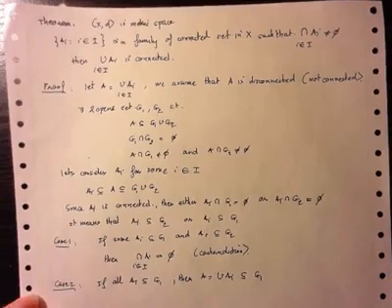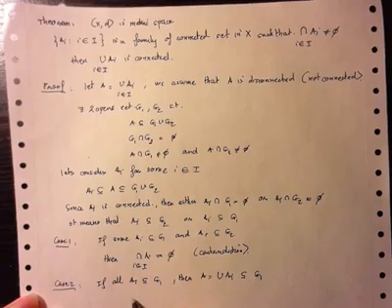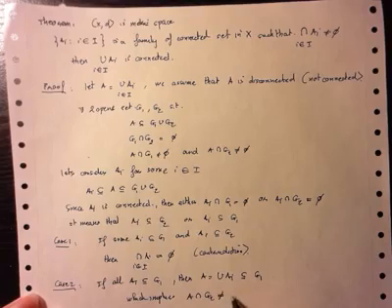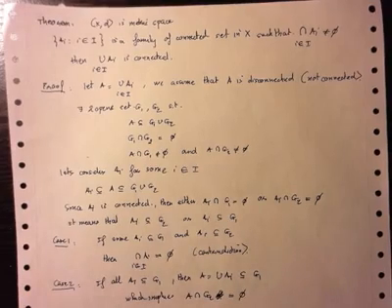Which implies A intersection G2 must be an empty set, right? Must be an empty set, because all of them are in G1.